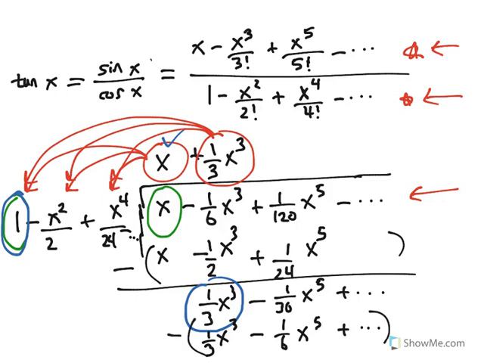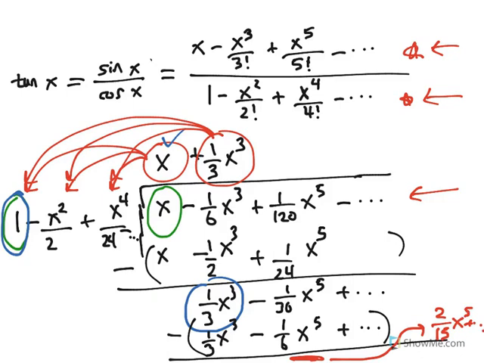And when you subtract, continuing with the algorithm, what you're going to get right over here, I'm running out of room, so I'm just going to draw something in red and write it a little bit off to the side. I'll get 2/15 x to the 5th, and so on.